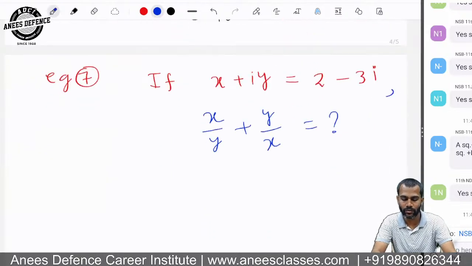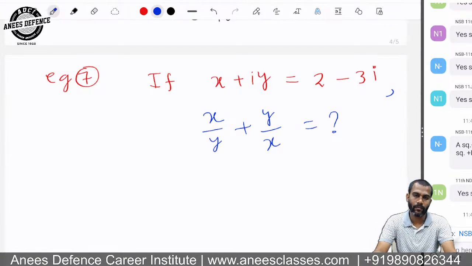Very easy. Please try to solve it. If x plus iy is equal to 2 minus 3i, then you need to find out the value of x by y plus y by x.